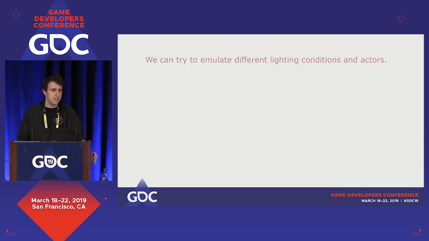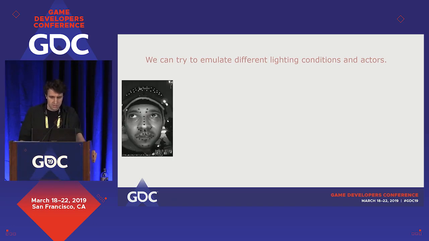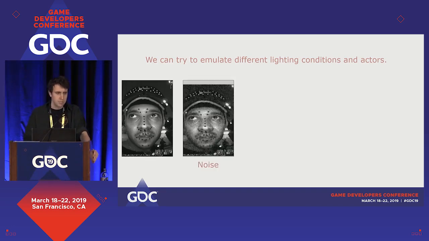We try and use different kinds of filters or effects or image processing to emulate the idea of different lighting conditions or different actors. So for example, we could have this frame here from the video, and we could add some noise to this frame, and this would emulate very slightly different lighting conditions or very slightly different camera settings.